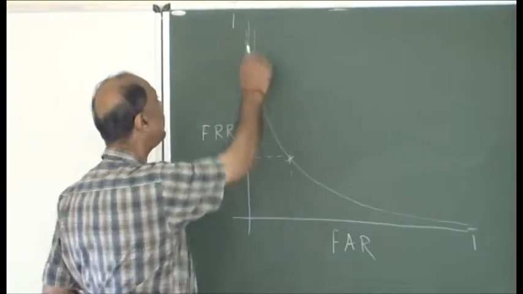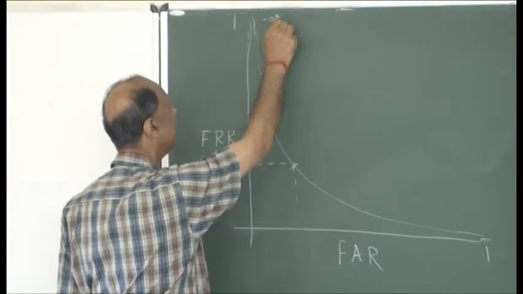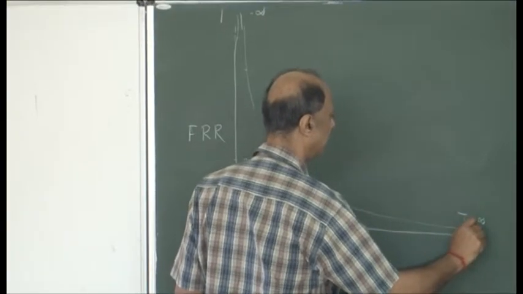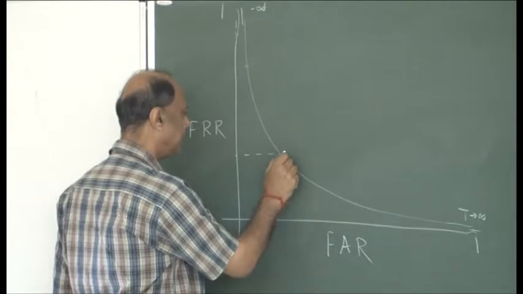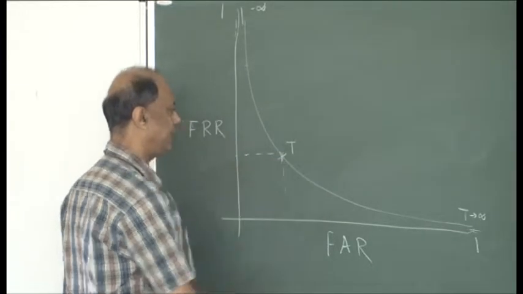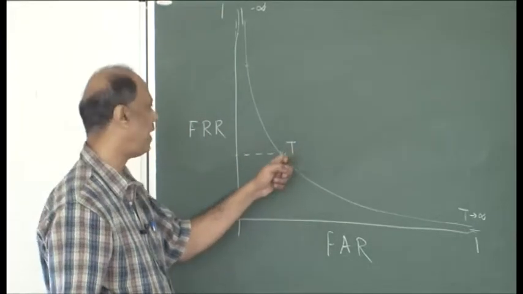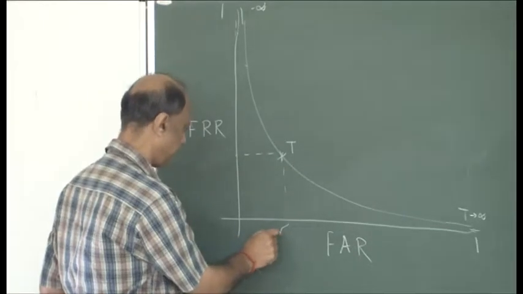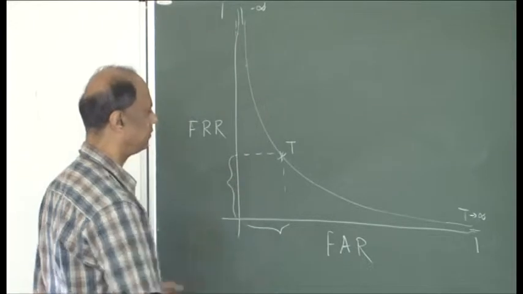And the threshold T is here minus infinity and here plus infinity. And this is for a particular T: for a particular T, FAR is this and FRR is this.